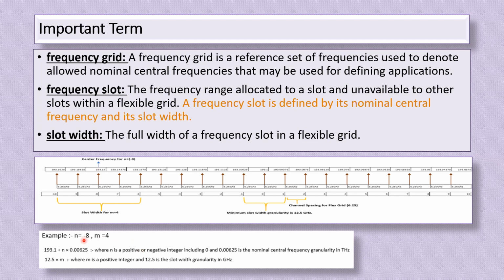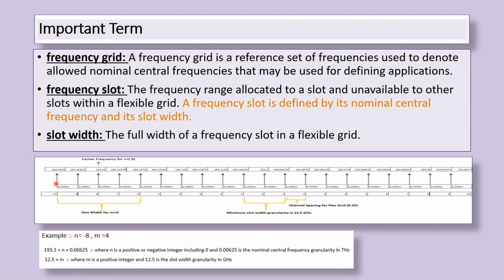So n equal to -8, with the axis marked 0, -1, 2, 3, 4, 5, 6, 7, 8. This is our desired frequency, this blue arrow. By keeping m equal to 4, we get 12.5 times 4, which is equal to 25 times 2, or 50 gigahertz. So this is the 50 gigahertz channel slot width. We are choosing this frequency, and the channel slot width is 50 gigahertz.